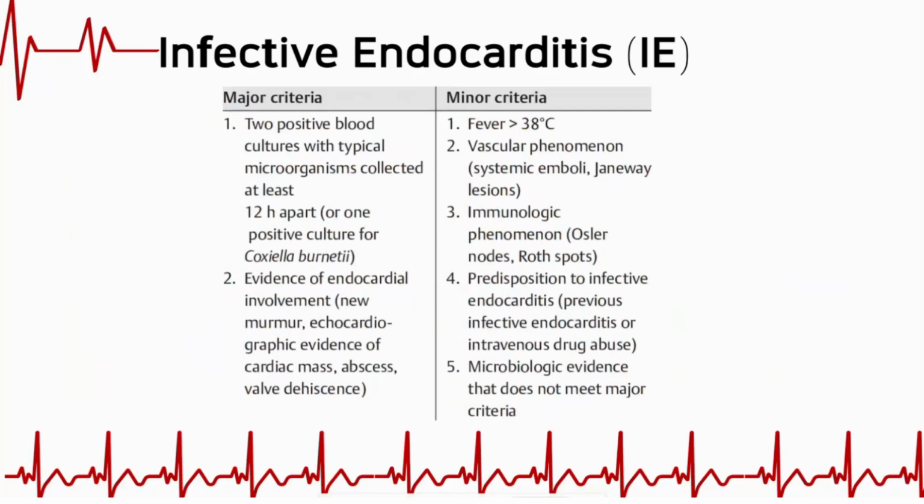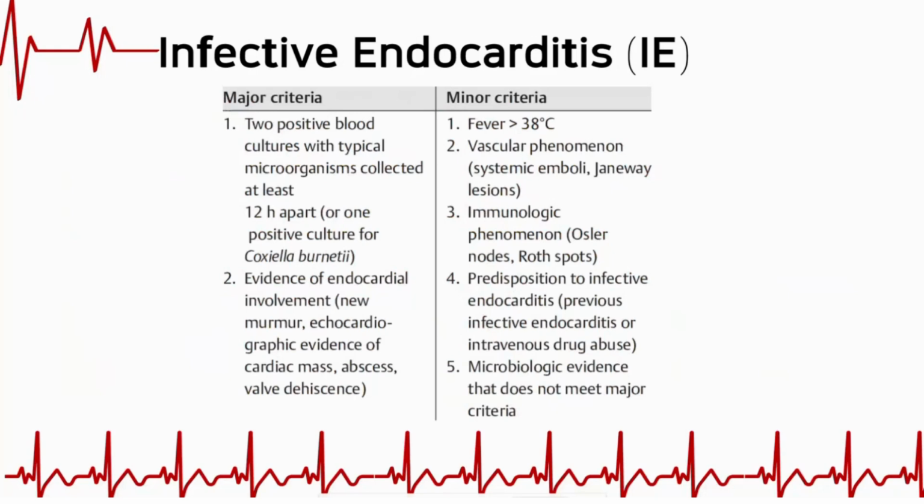In terms of major criteria, what we're looking for is positive blood cultures and evidence of endocardial involvement, in other words, a new murmur, evidence from your echo, any abscesses, things like that. Then you can say, according to Duke criteria, this patient has infective endocarditis.